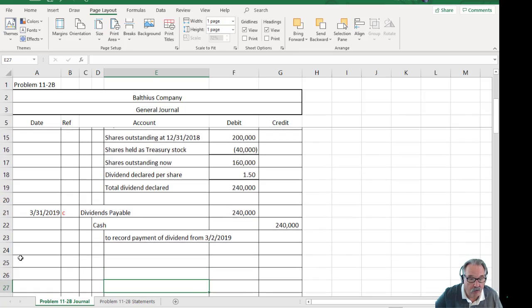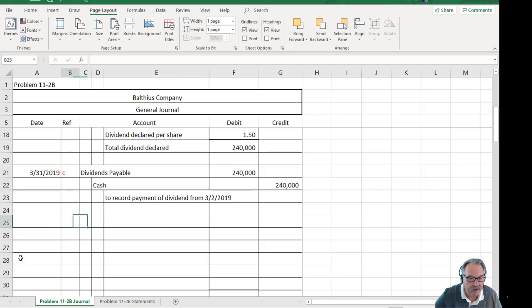Then on November the 11th, 2019, this is transaction D, it says that we sold 24,000 shares of our treasury stock. So we bought 40,000 shares back in January, and now we're selling 24,000 of them at $13 a share. Here we're going to debit cash.